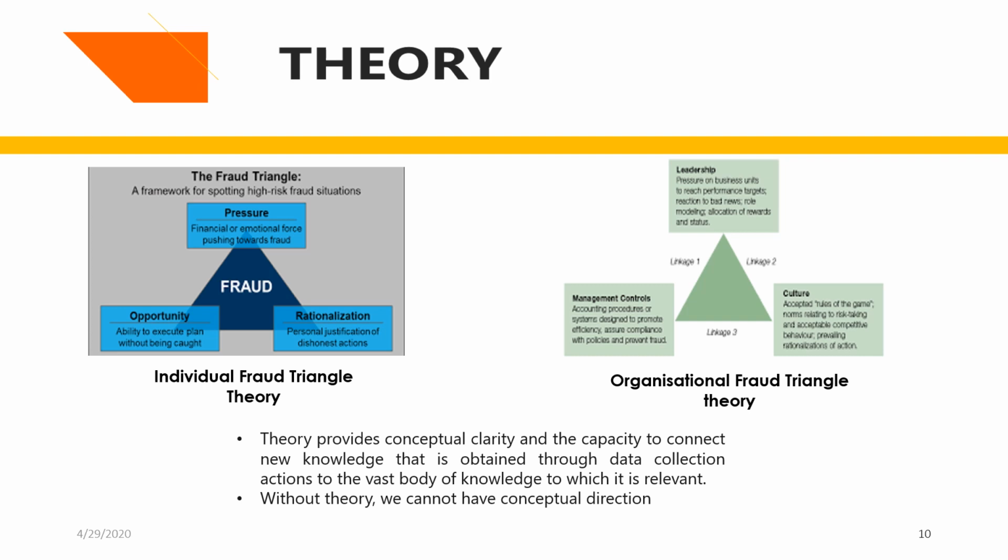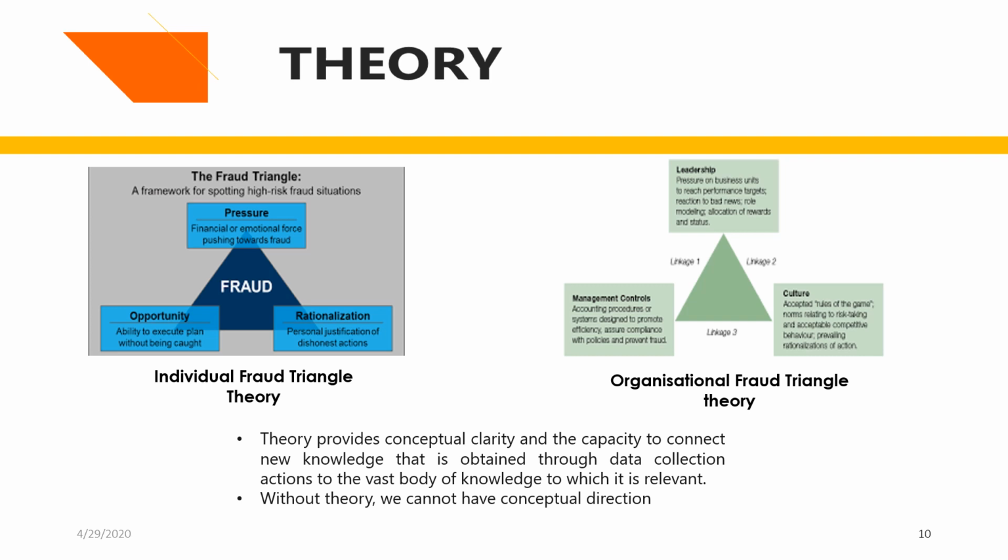We take an example of the first theory just now, individual fraud triangle theory. From this theory, I think the student can develop at least three hypotheses or three objectives or three research questions. The first research question is, does financial pressure lead to fraud, or does opportunity contribute to fraud, or does rationalization contribute to fraud?